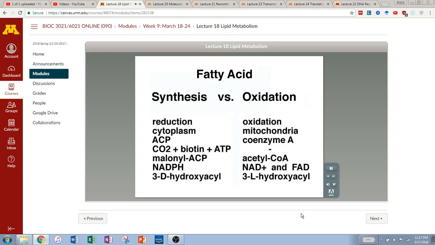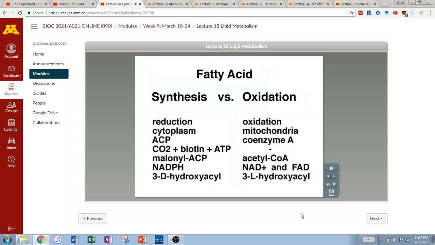Malonic acid derivative is a participant in fatty acid biosynthesis, but not in beta-oxidation. All of the oxidation reduction reactions in fatty acid biosynthesis use NADPH, but one of the oxidation reduction steps in beta-oxidation uses FAD+.